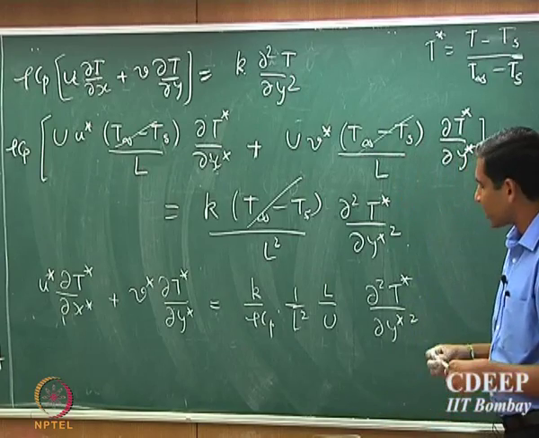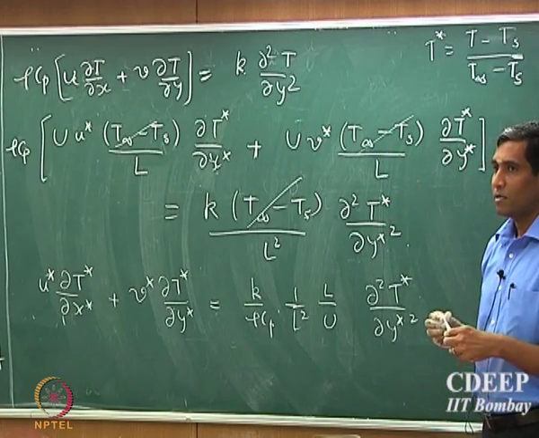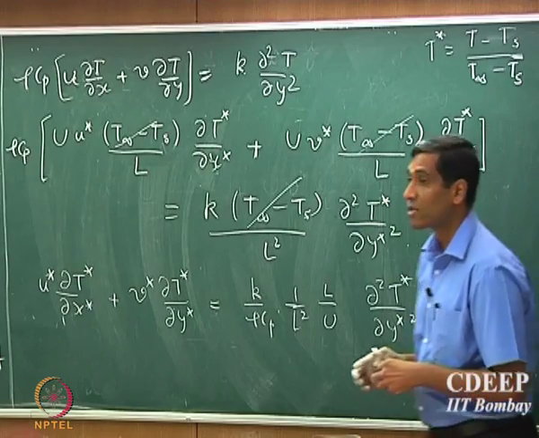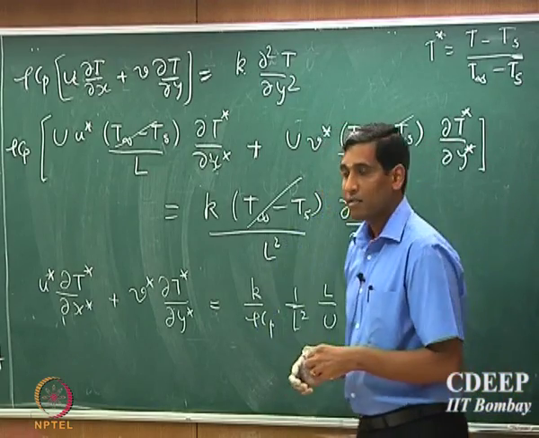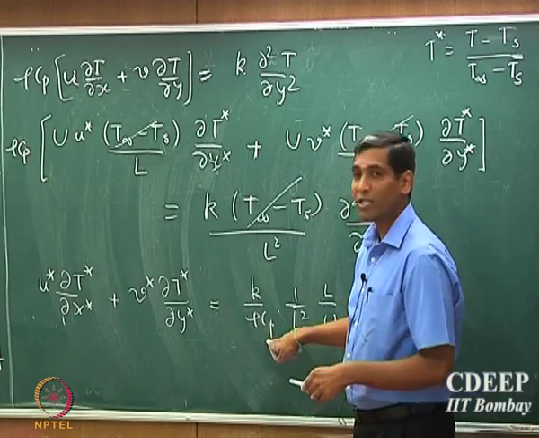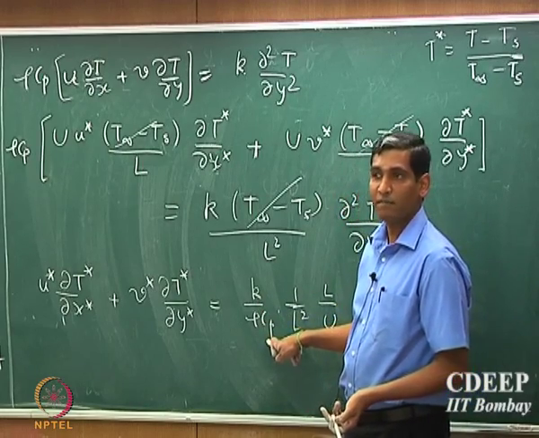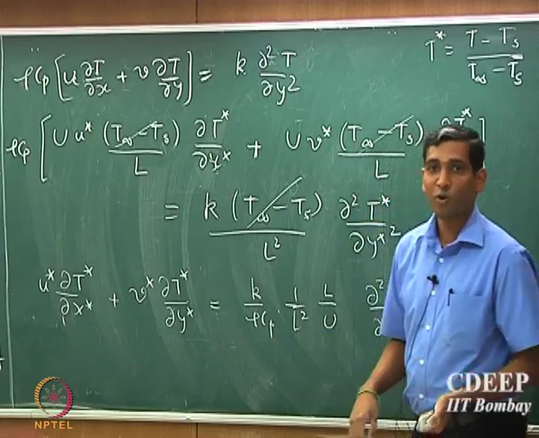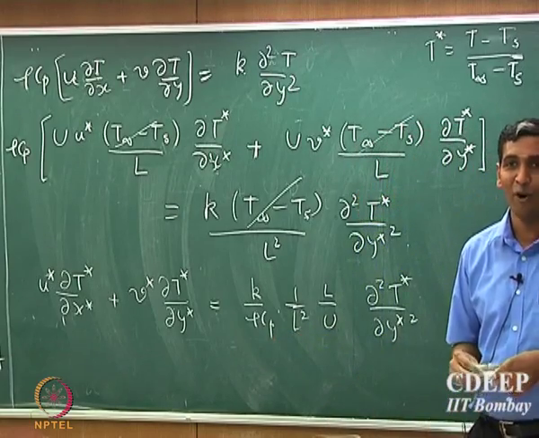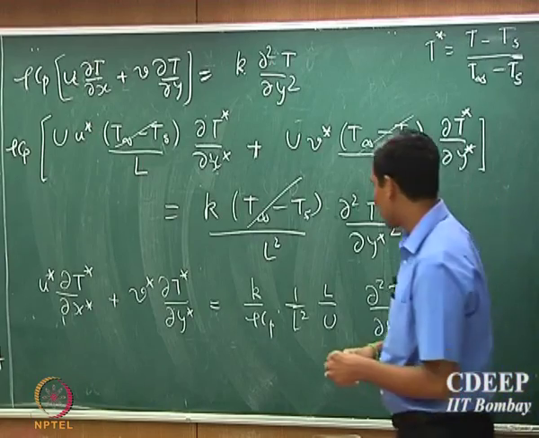What is k by rho Cp? It is thermal diffusivity, right? No, it is k by rho Cp that is thermal diffusivity.